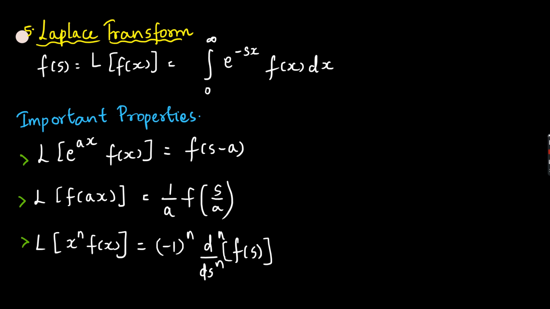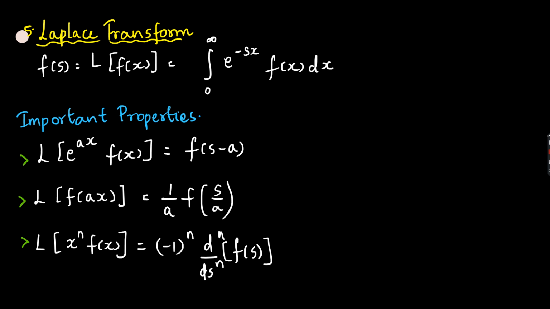Next is the Laplace transform, a very important topic here, because Laplace transform is an easy and important topic in mathematical physics. If you have a question based on Laplace transform, even for 5 marks, you can easily gain those 5 marks. You don't have to miss them just because you don't know the properties.